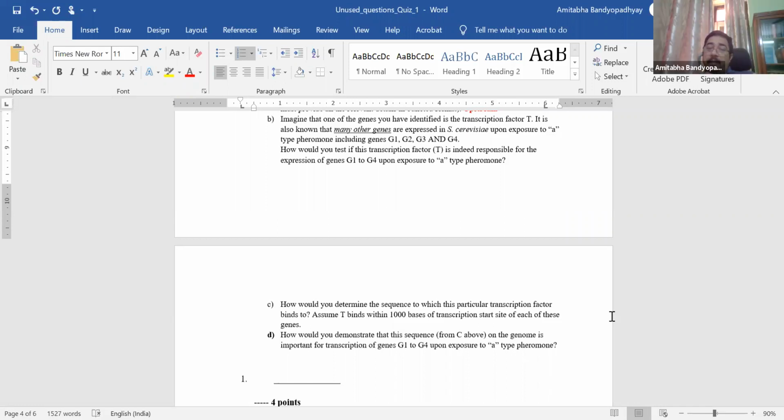Because with deletion analysis, what will be the outcome? What will you assess? We will assess that after deletion of a particular construct, the transcription of G1 to G4 is not observed. That is question D. Yes, question D, we can do the deletion. Okay, I did not read question D actually.